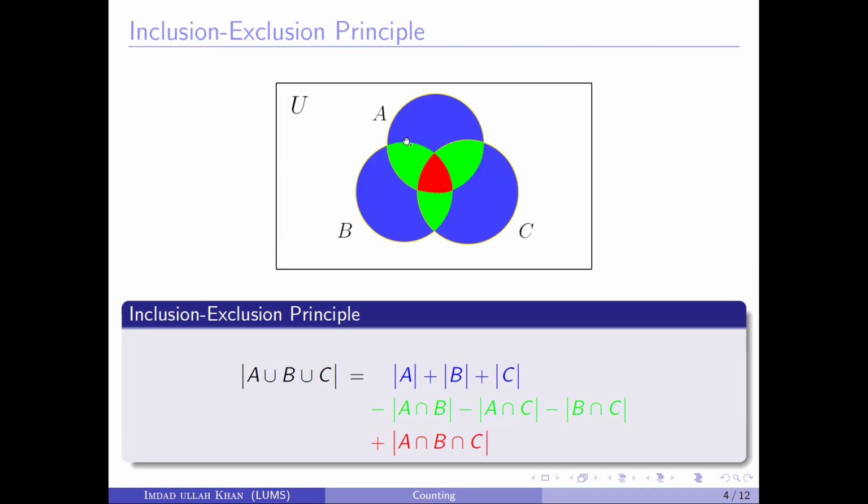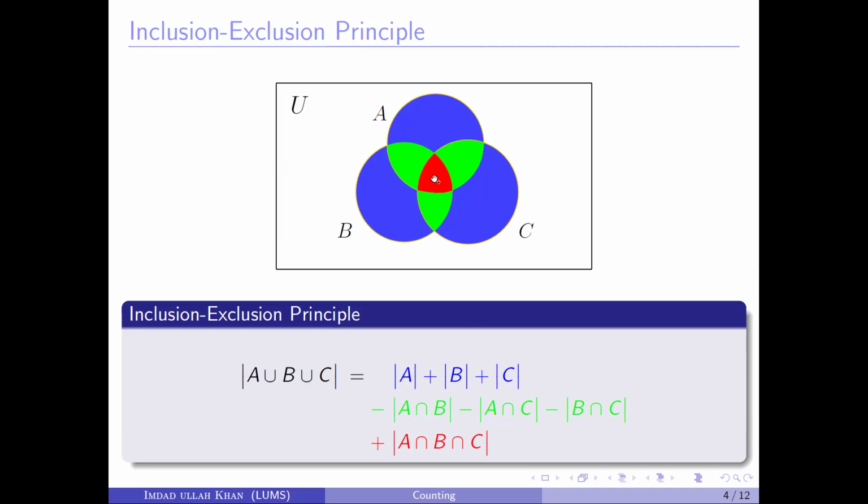So if you look at the Venn diagram on top, the blue parts are three sets which are overlapping with each other. So if we add their cardinalities, cardinality of A plus cardinality of B plus cardinality of C, then we start discounting the overlapping parts. So cardinality of A intersection B is discounted, cardinality of A intersection C is discounted, and cardinality of intersection of B and C is discounted.